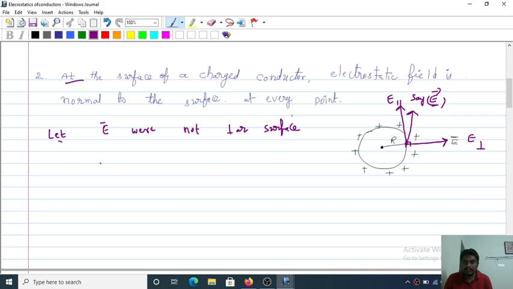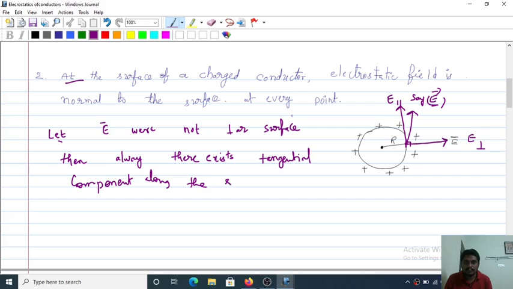Then there always exists a tangential component along the surface.